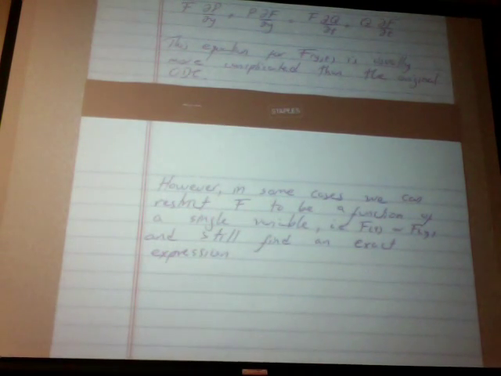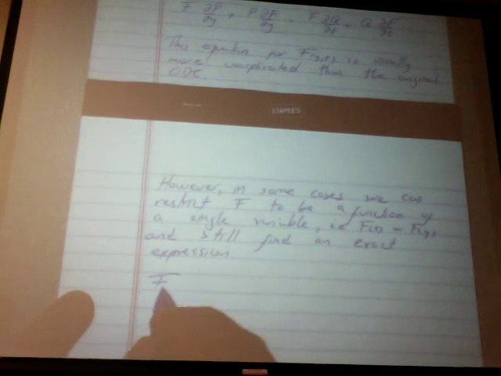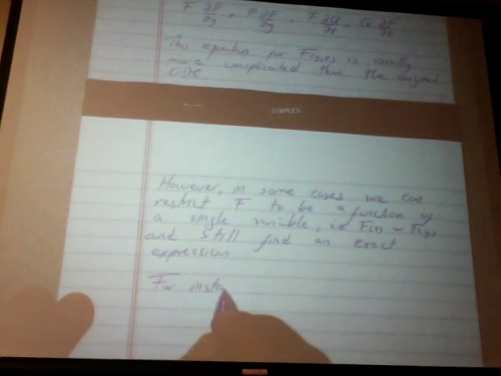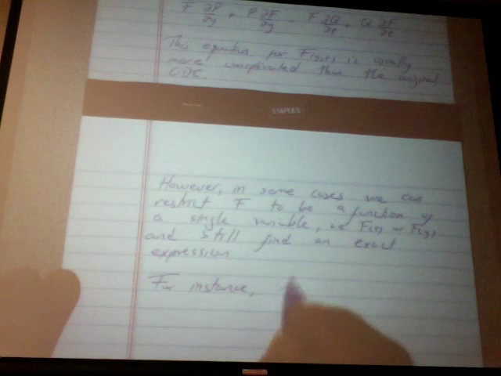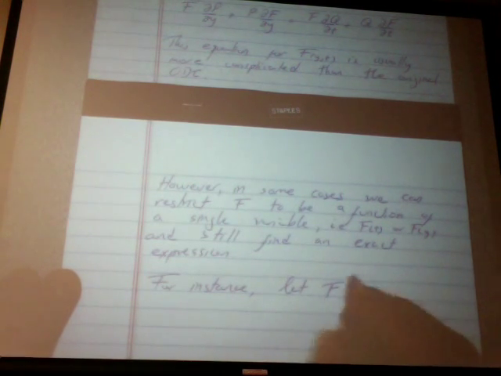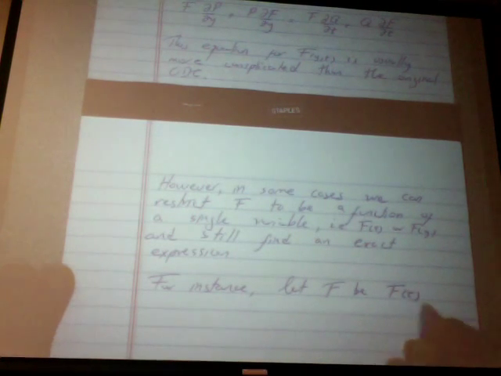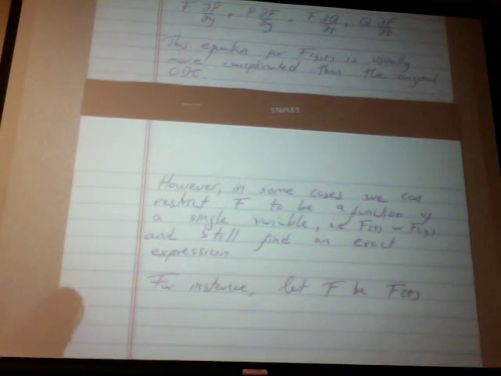Okay? For instance, let f be f of t only. So let's just make it a function of time and not a function of y.